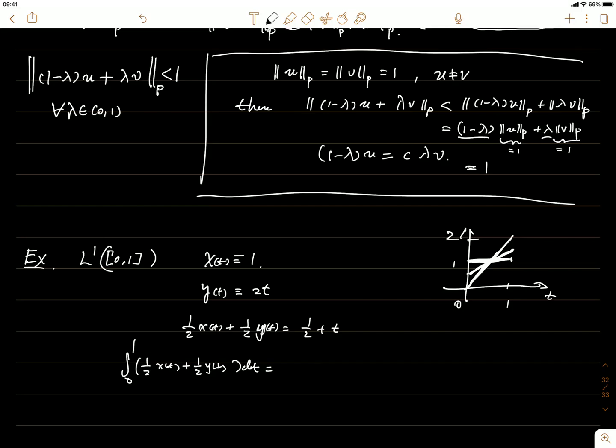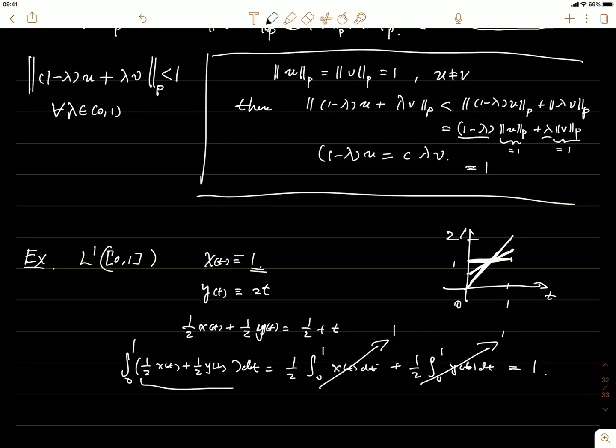And apparently, if you take the integral of this function, this is just the same as taking the integral for each of them. You can see this by looking at the areas, because this is just equal to 1 as we defined here, and this also equals 1, the area of the triangle, and you take the average of them, it's still 1.